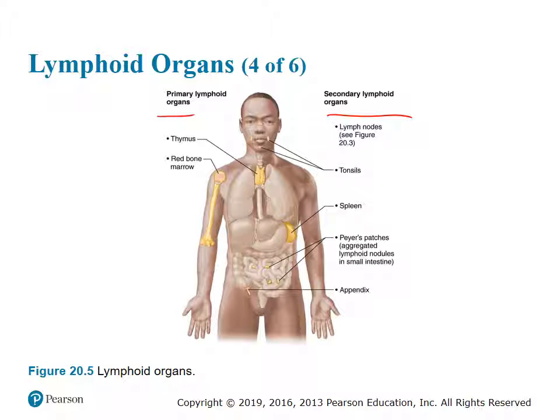There's your thymus and red bone marrow, and on the right side there is your lymph nodes, your spleen, and the other ones there are tonsils that I skipped over, Peyer's patches that I skipped over, and appendix are all considered MALT, mucosa associated lymphoid tissue.